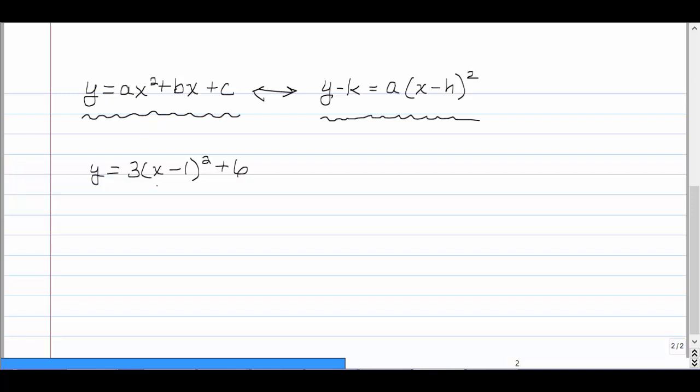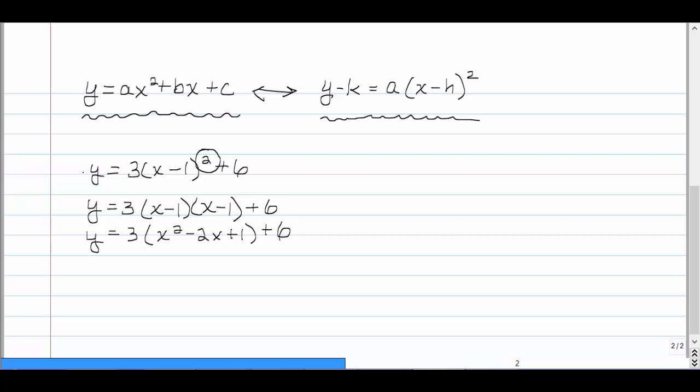Order of operations tells us to deal with the exponent first, then multiply, and then add.